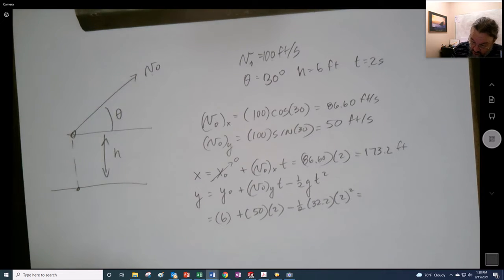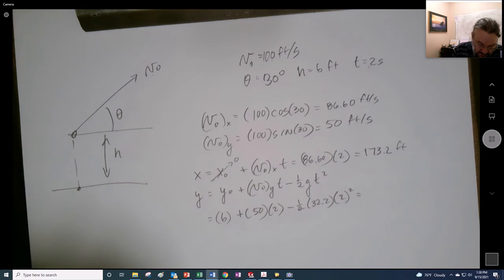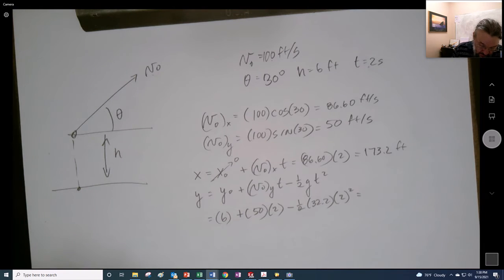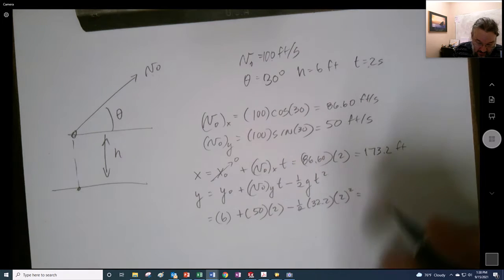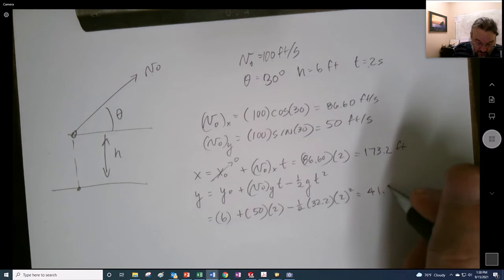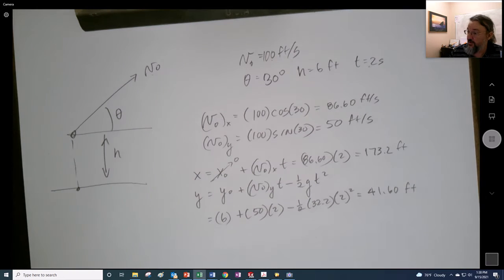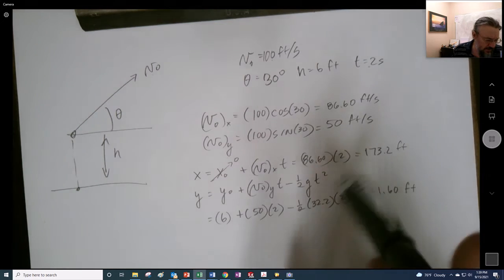So 50 times 2 plus 6 gives 106, and 32.2 times 4 divided by 2 subtracted out gives 41.6 feet. I'm checking my values against what I got before, and yes, 41.6 feet.